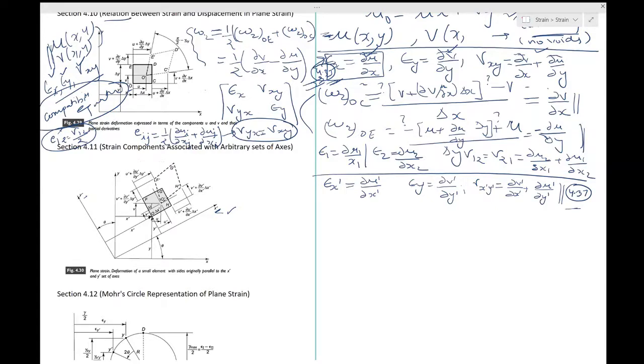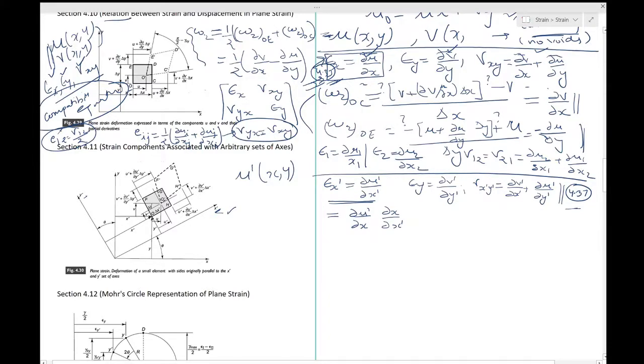So let's do that. This equation, for example, can be written as equal to dou u dash by dou x, and dou x by dou x dash. The reason is u dash is a continuous function in x and y.